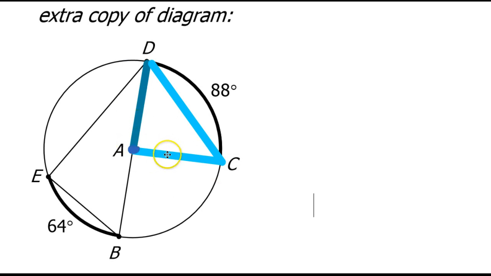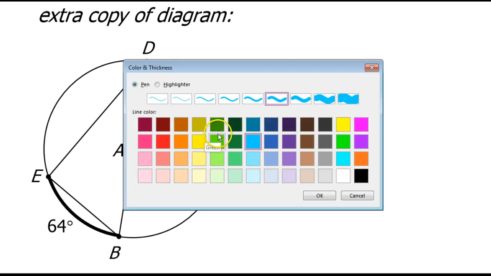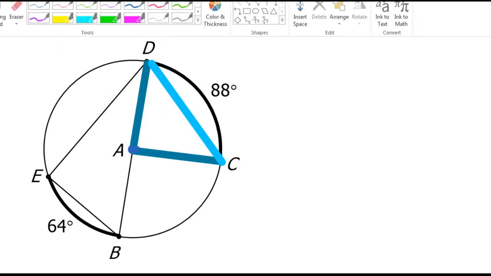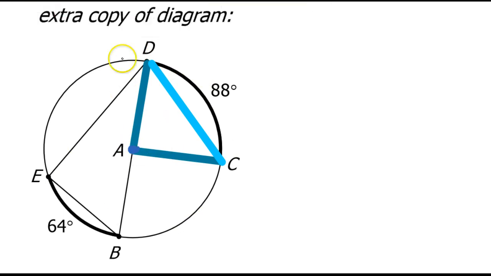Now this one over here, do you understand that this is also the radius of the same circle? The circle is going to be the same size in every direction. That's the definition of a circle, equally distant from the center. So since these are both radii, that means that this and this are the same. So that makes this an isosceles triangle.